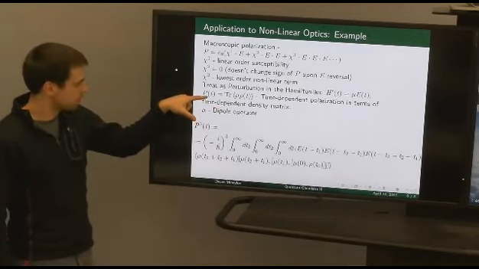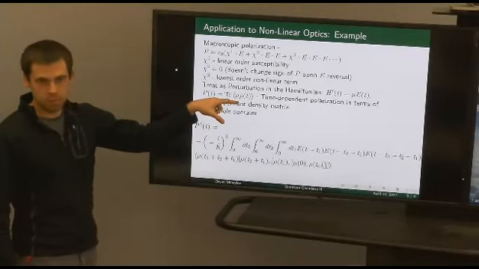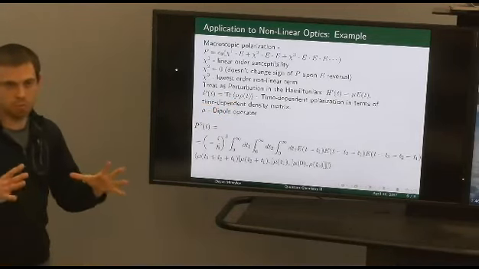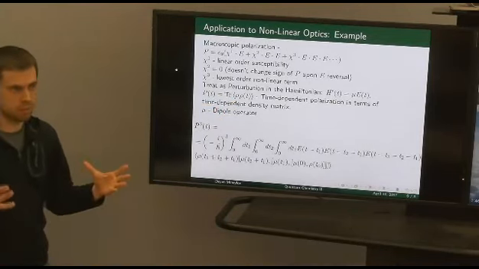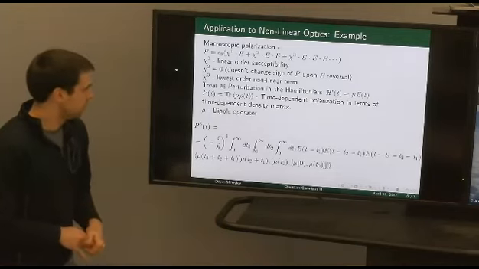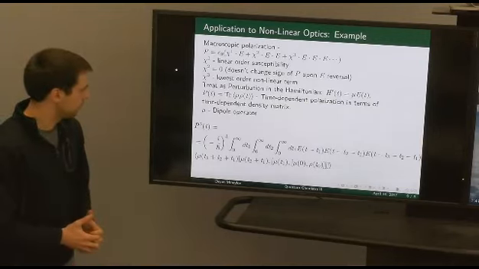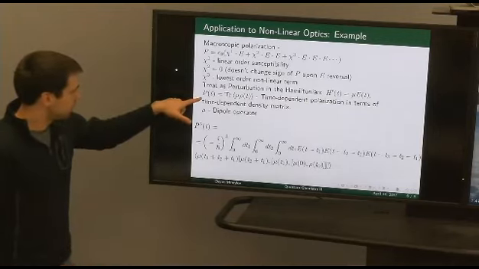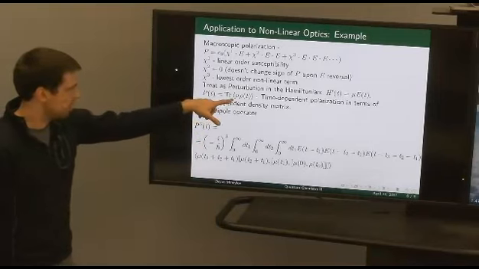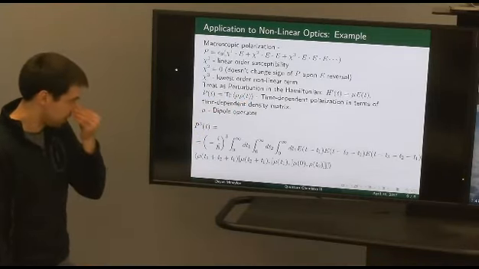Well, any observable can be computed from the trace of the density matrix. Any observable that depends on statistical ensemble can be computed with density matrix. Wave functions can't give you statistical ensemble, but density matrix can. So the polarization is the trace of this dipole operator times the density matrix.